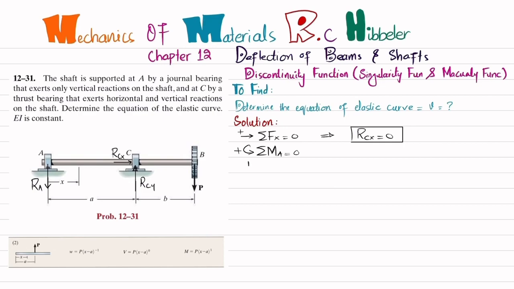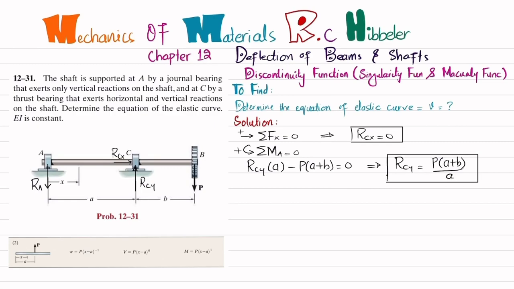So I will write RCY into A minus P into A plus B is equal to 0. So it means that RCY will be equal to P into A plus B divided by A. This is the value of RCY.